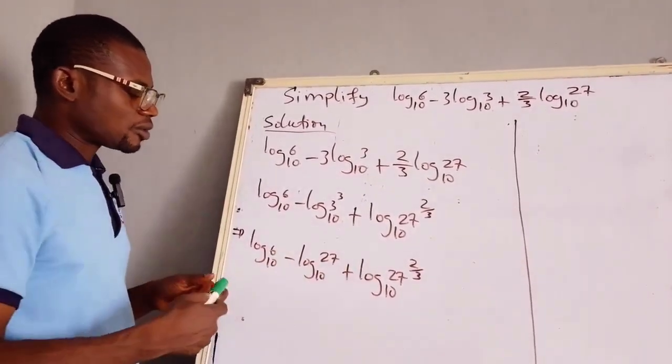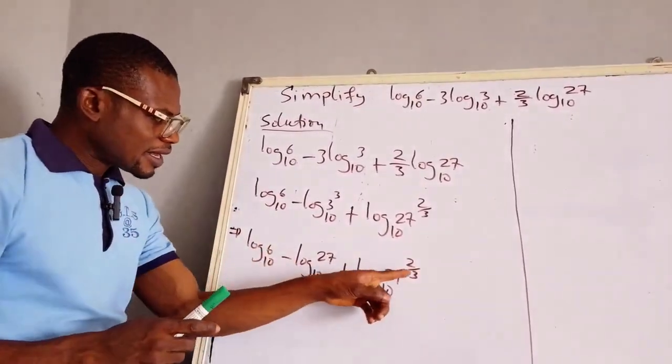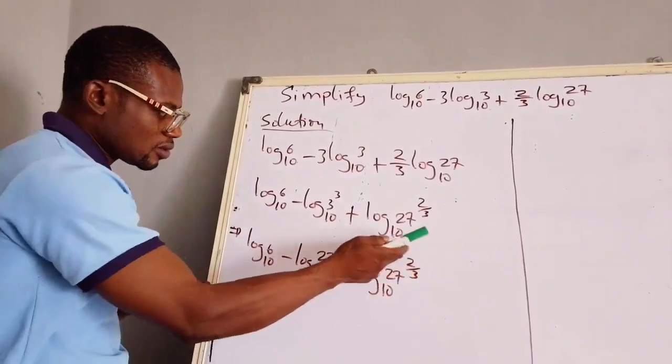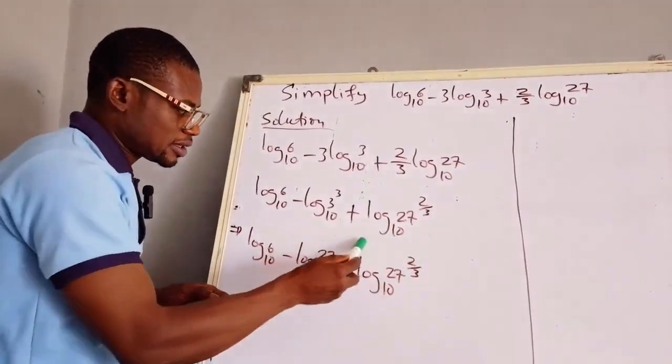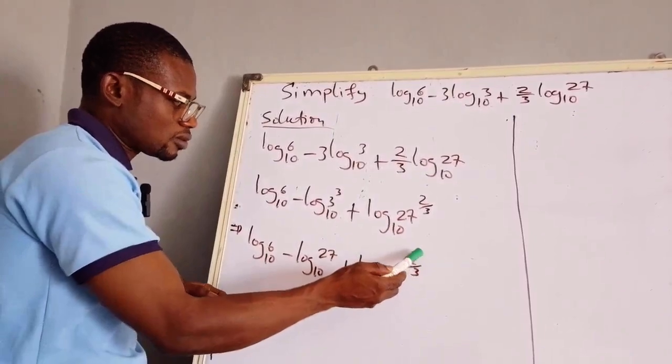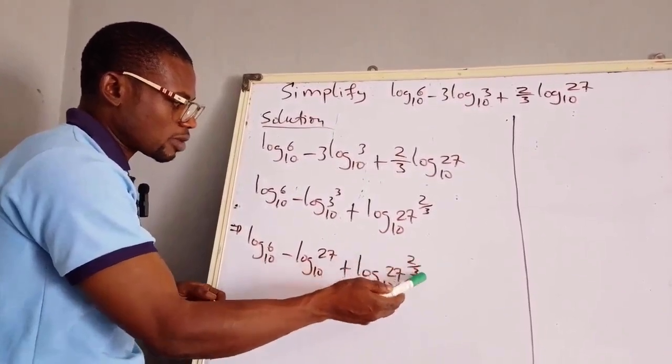But before we go into that, let's look at this because this place looks somehow complex, right? This looks a bit complex because of this exponent, 2 over 3.